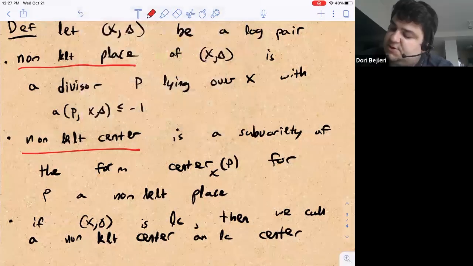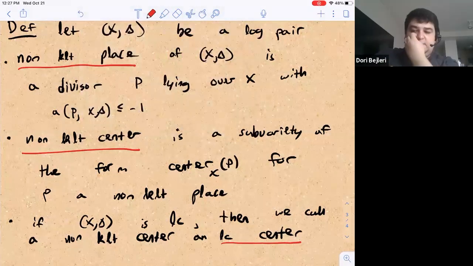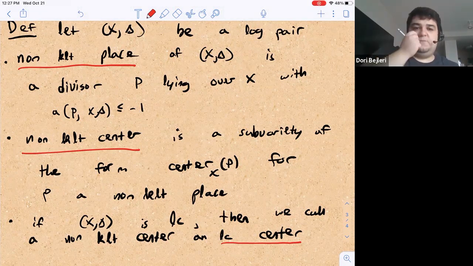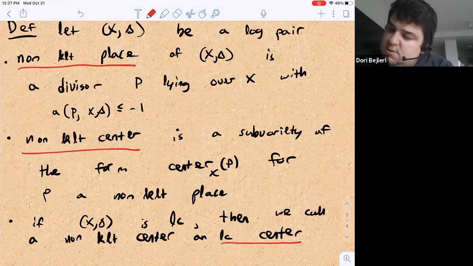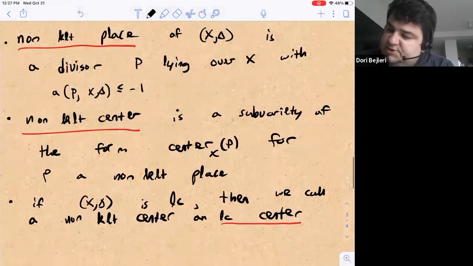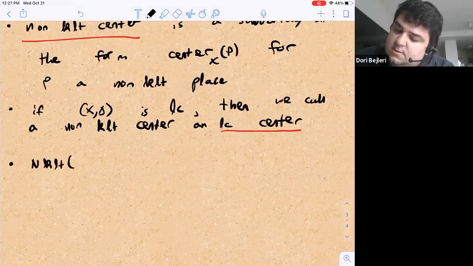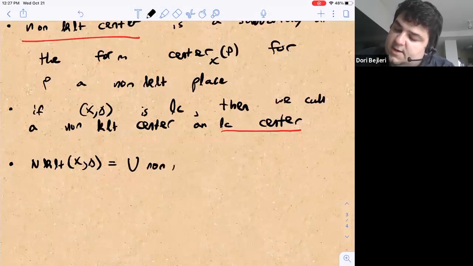So often in literature, you'll see log canonical center, but that definition only makes sense when you know your pair is actually log canonical. So it's good to define both. And then some notation: we will denote by nklt the closed subvariety which is the union of all non-KLT centers.